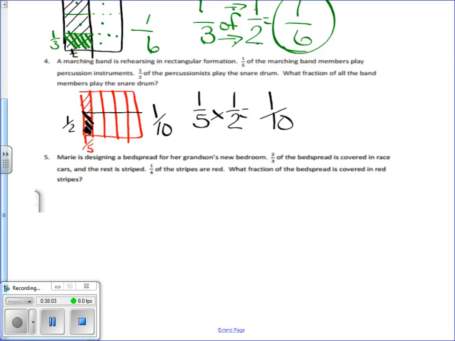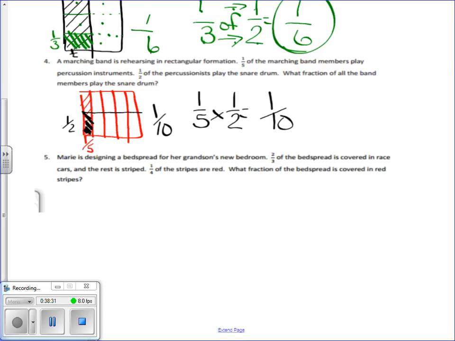Marie is designing a bedspread for her grandson's new bedroom. Is that relevant? No, that is not important information. 2/3 of the bedspread is covered in race cars.